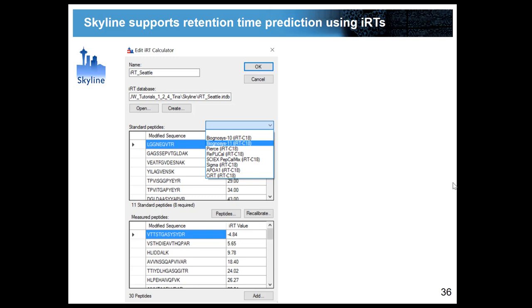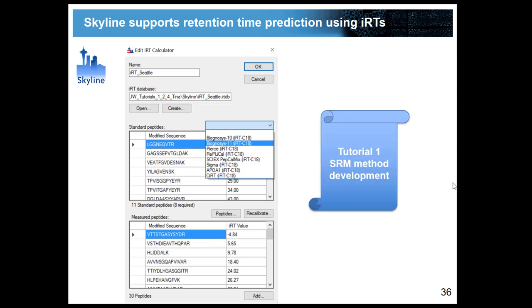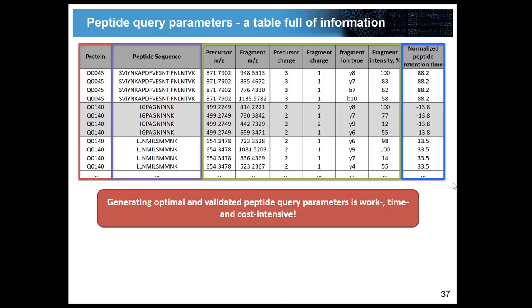Then you need to provide the iRT values of your target peptides, and Skyline will predict retention times for you automatically and do these linear correlations. We will see how this works in detail, and you will do it yourself in tutorial 1.